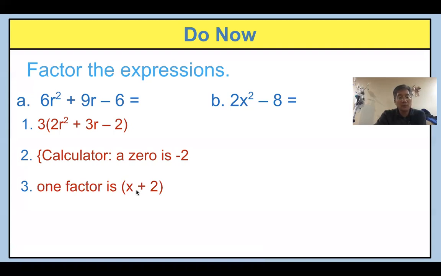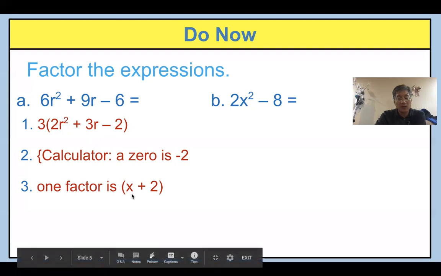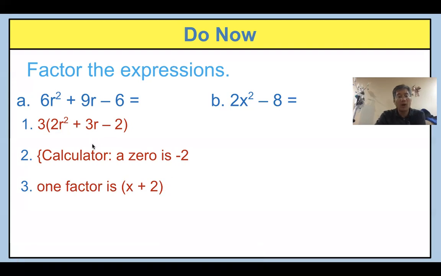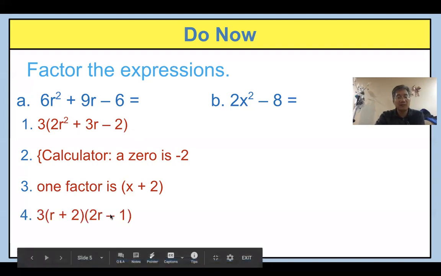And then for the other factor in the parentheses, R times what is 2r squared? R times 2R is 2r squared. And for the number part, 2 times what is negative 2? 2 times negative 1 is negative 2. So you find it like this. Don't forget about the 3, please.